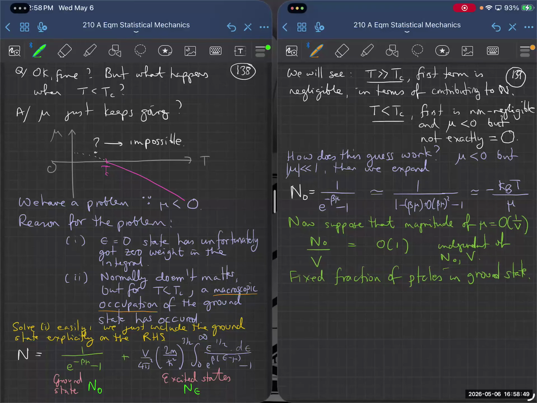So there's a fixed fraction of particles in the ground state. So as we take the thermodynamic limit, that fixed fraction of particles is not the same thing as a fixed number.